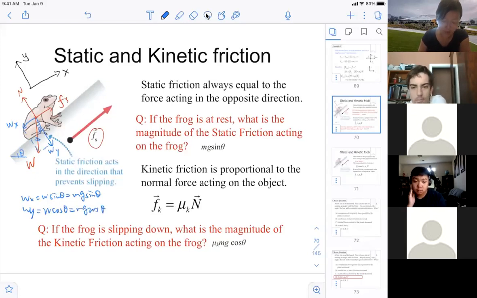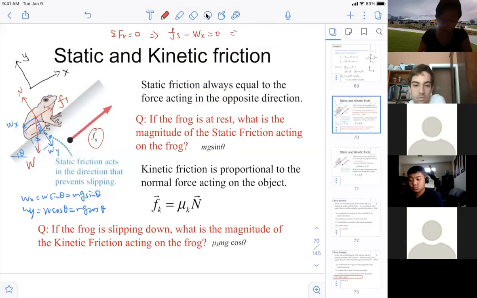Okay, so balance out all your forces in the x and y direction. You will say, well, all the forces in the x direction should equal 0, which means there are two forces only, right? In the x direction, you have the friction, positive direction. You have weight in the x direction, that is negative.